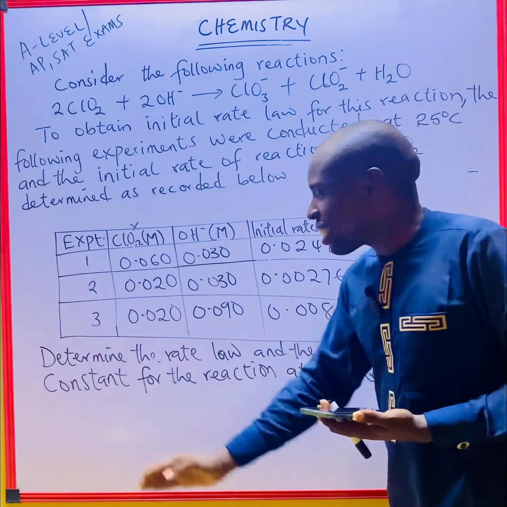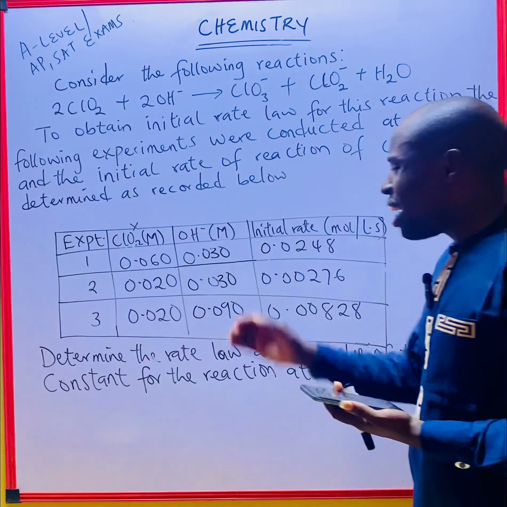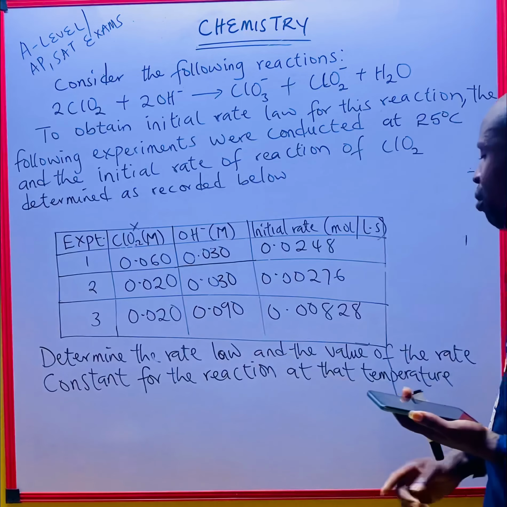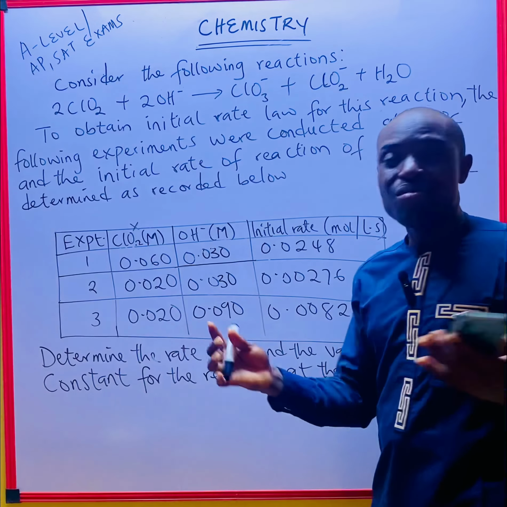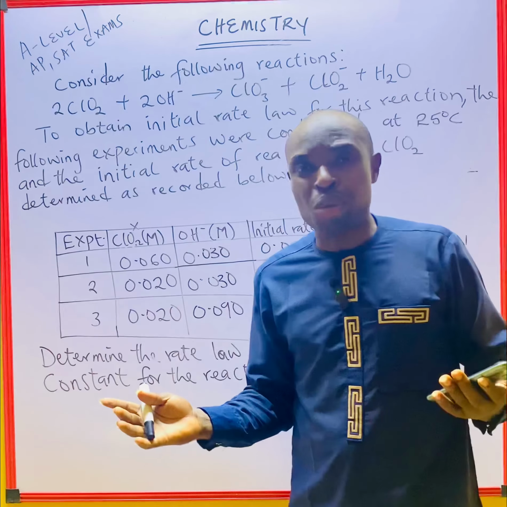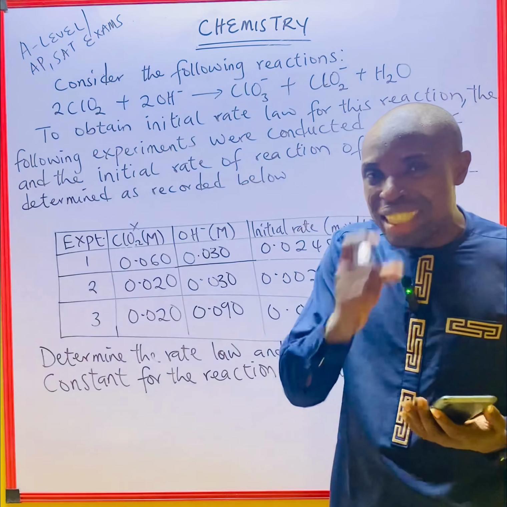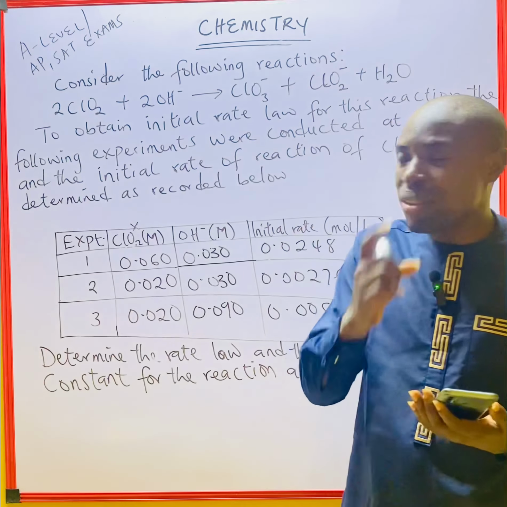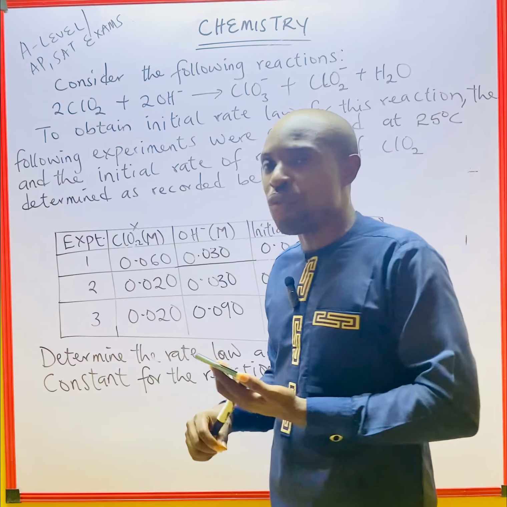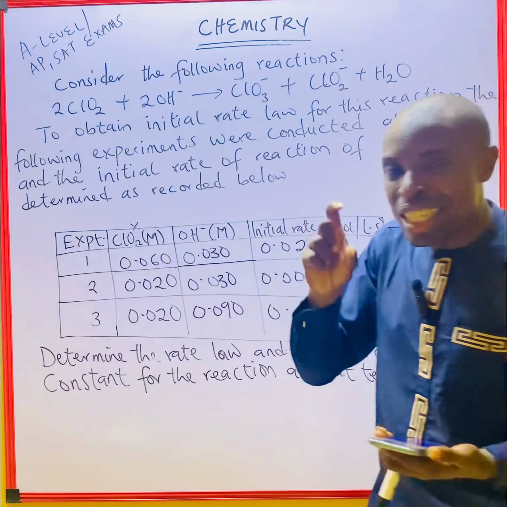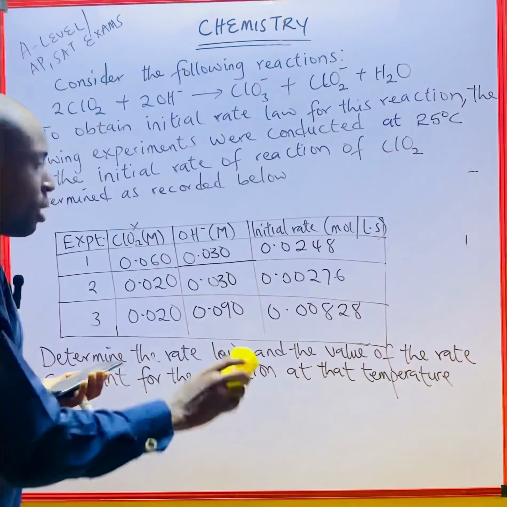You are asked to determine the rate law and the value of the rate constant for the reaction at that temperature. It's actually very simple, but you must understand the fundamentals. The fundamentals is, first of all, to write the rate law.